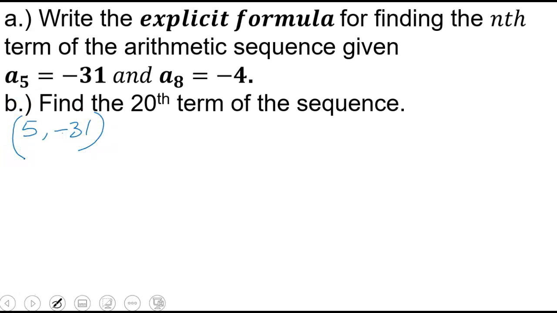We can also use that idea to find what we need to write the explicit formula. We need the first term and the common difference. We know this is also the 8th term, so when the input is 8, the output is -4. Those are two points on this sequence. Let's keep this one first, and then 5, -31.